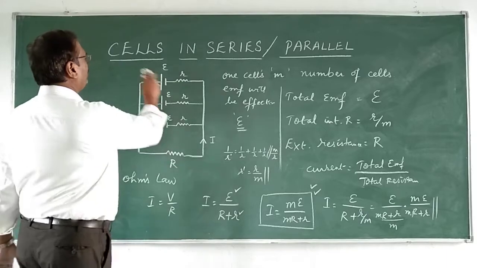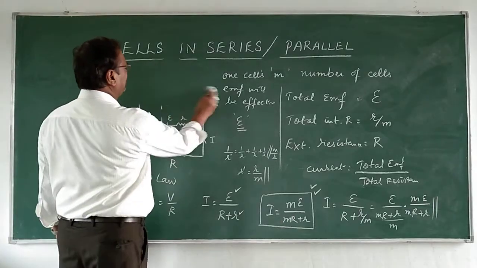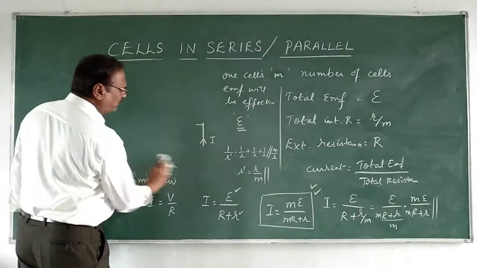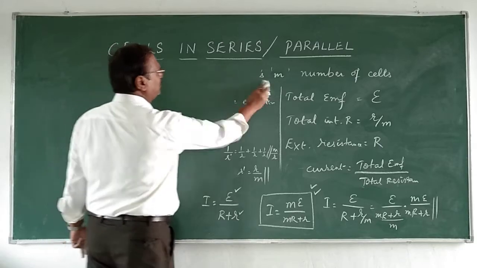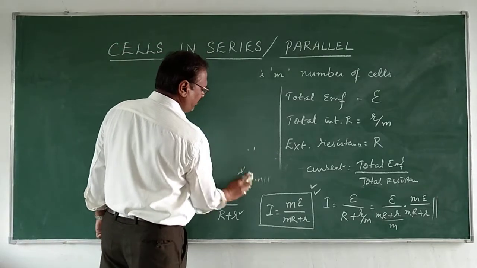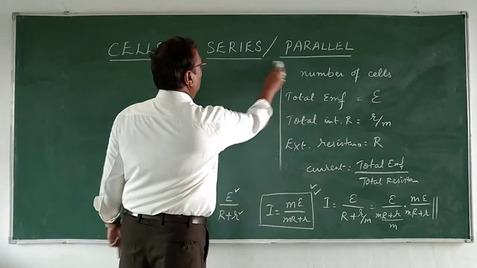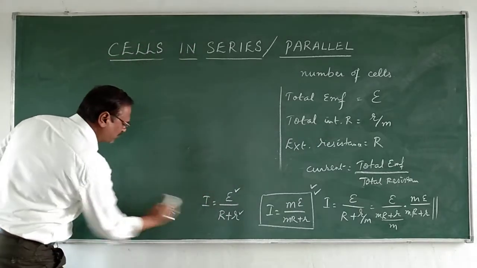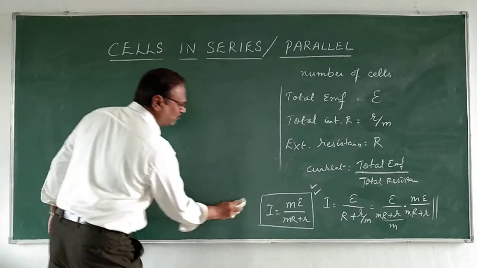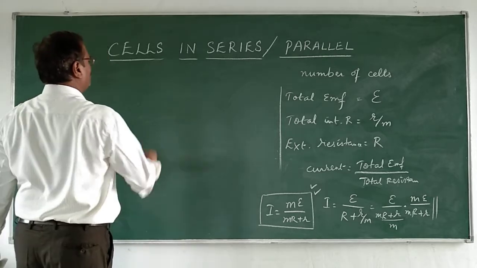Okay, now we go for the last case. If I mix both parallel and series, what will happen? That's what we're going to see, and this is the last discussion. I'm going to only give you the formula, right?